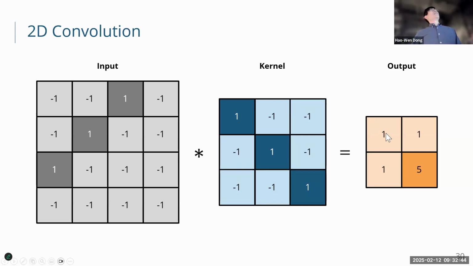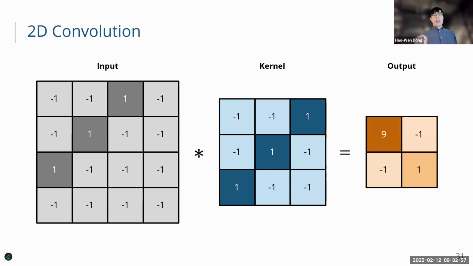So if you look at the output, it's like 1, 1, 1, 5, which basically means that generally we don't see a match in our input. But now if your kernel, your filter, is different, and your filter is in the correct direction, then if you apply this to your input, you will see a 9 at the top left. So it will be 9, minus 1, minus 1, 1.